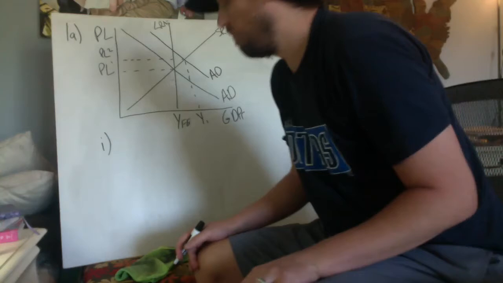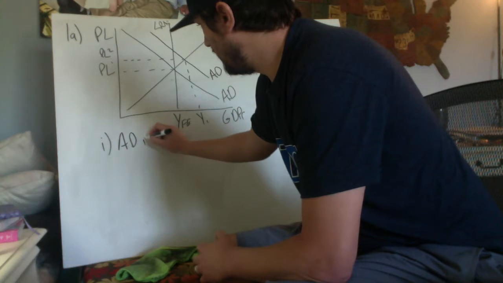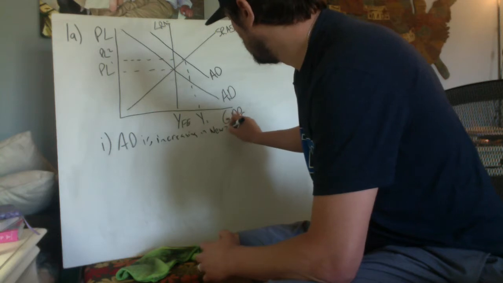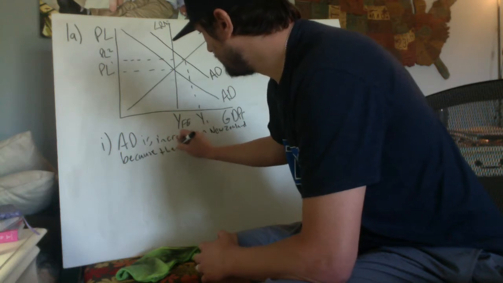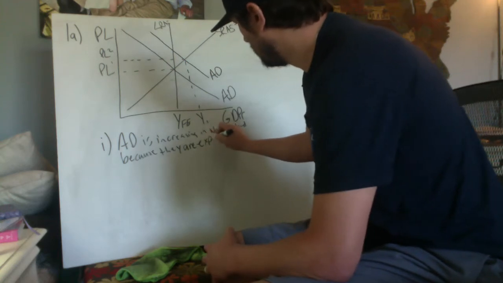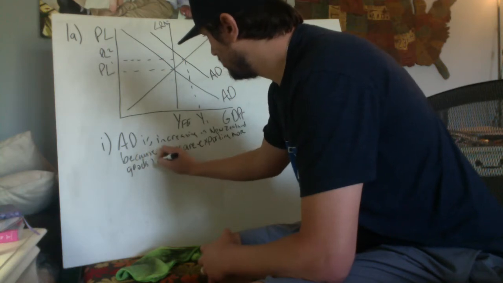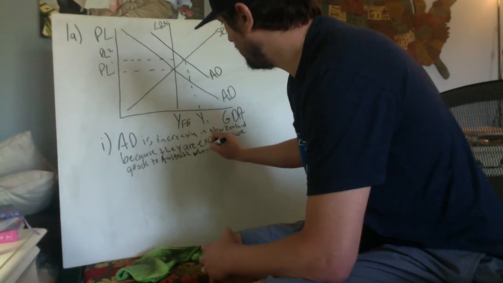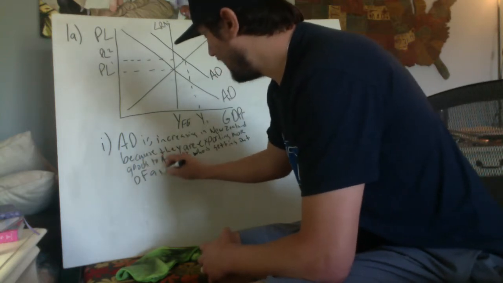So on 1, we should put that aggregate demand is increasing in New Zealand because they are exporting more goods to Australia, who is getting out of a recession.